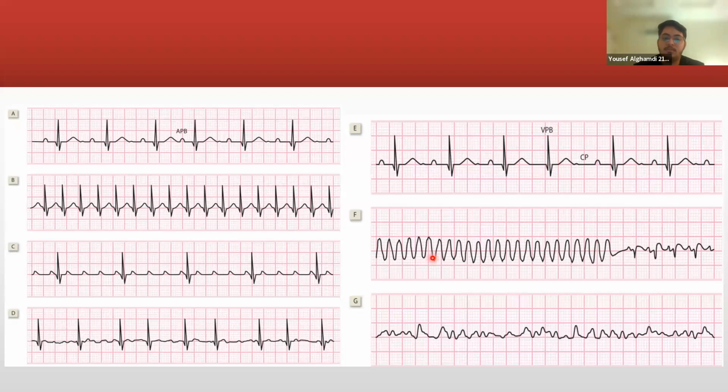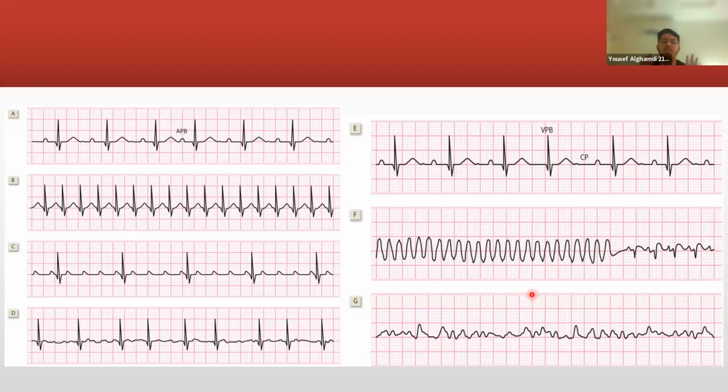What about this one? What about F? Ventricular fibrillation. Okay, I understand why you would say VFib, but to me this looks like VTAC. It's not VTAC though. According to the question, this is ventricular flutter, but this is ventricular fibrillation.